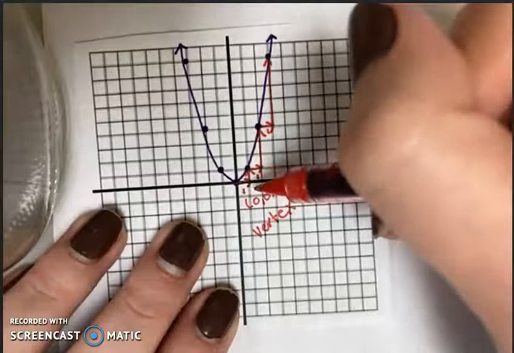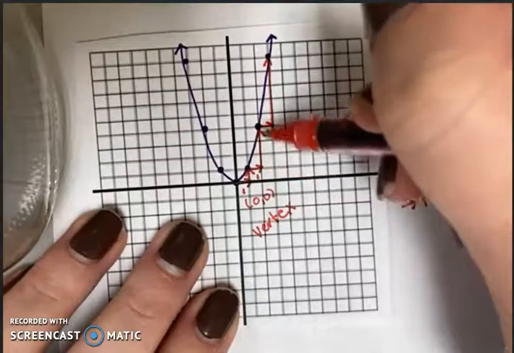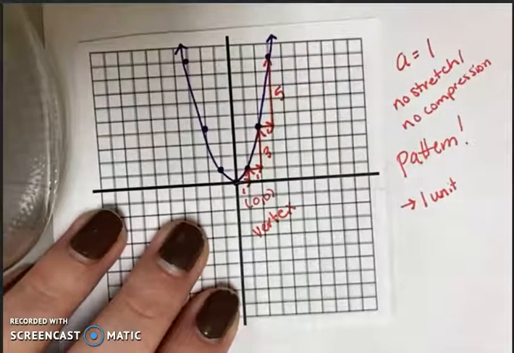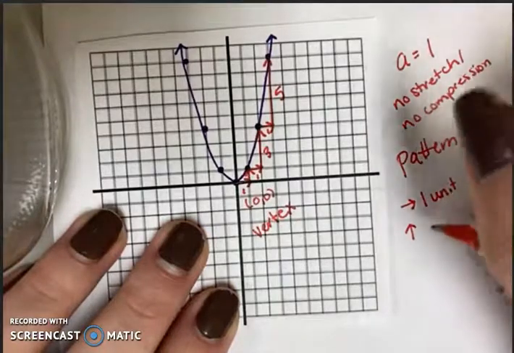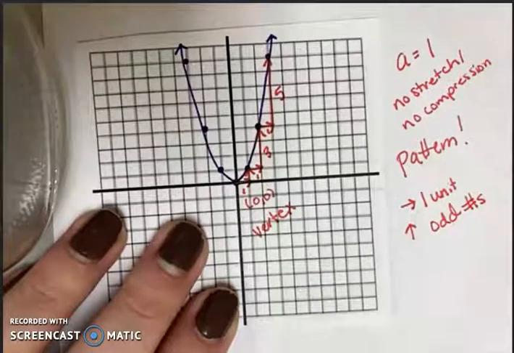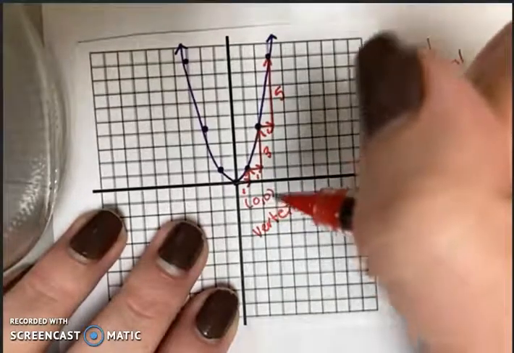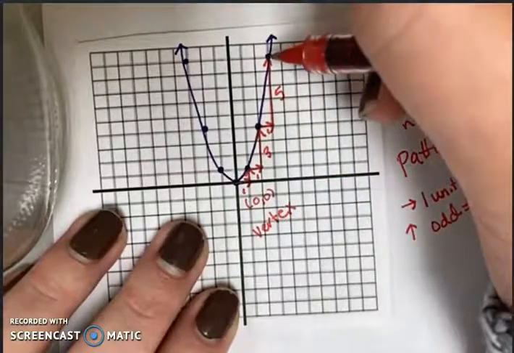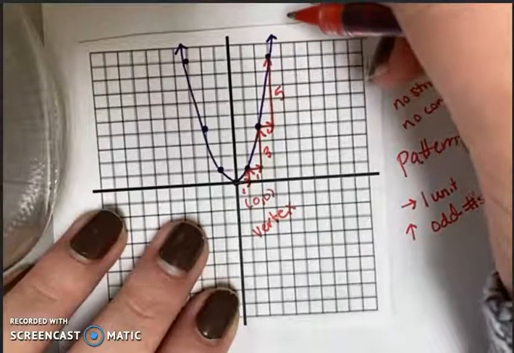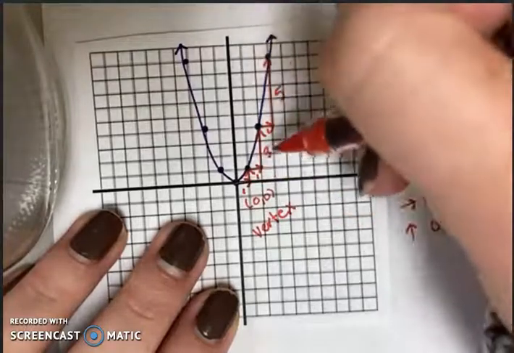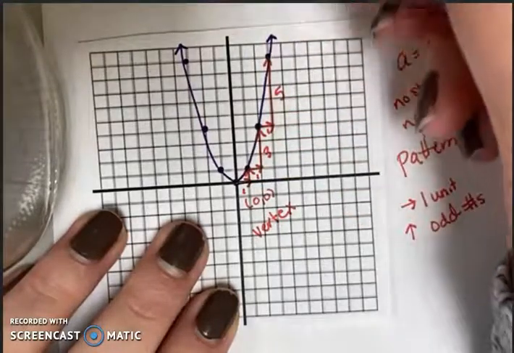We went right 1 up 1, right 1 up 3, right 1 up 5. So when we move up, we are moving up by increments of odd numbers, not the same odd number each time, increasing odd numbers. So 1, 3, 5. To get from this point to the next point, we would move right 1 up 7, and then right 1 up 9. And we can keep doing this forever because a parabola will go on forever.